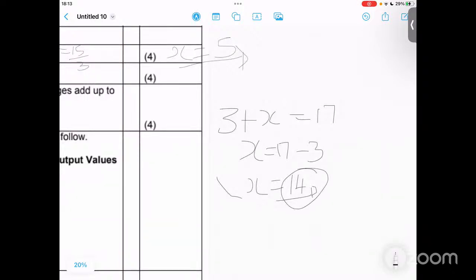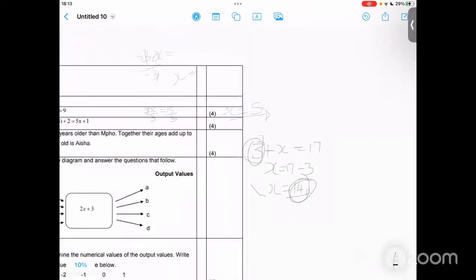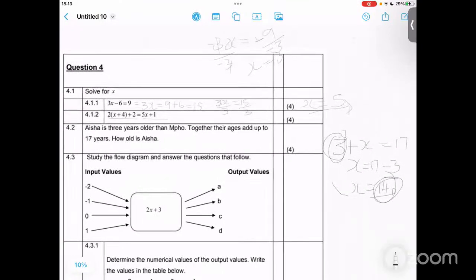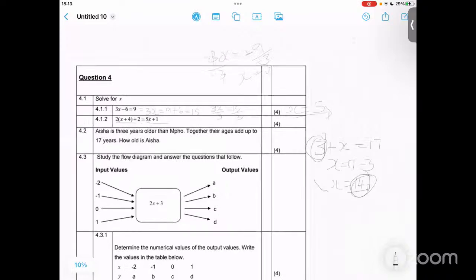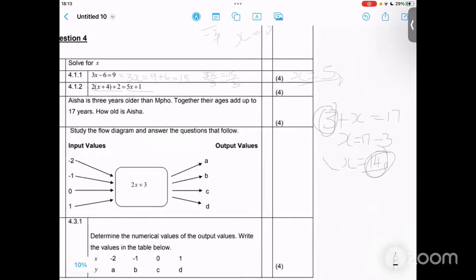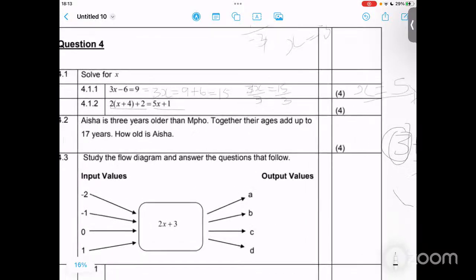I assume this is 3 years. So who's 14 and who's 3 years? Ma'am, it's Mpho who's 14. So Mpho is 14 and this one is 3.